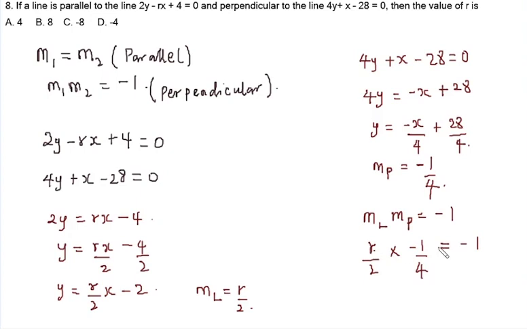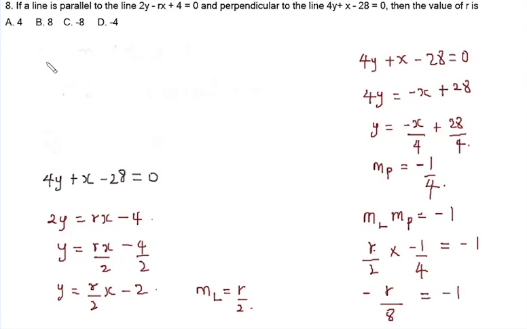If you multiply these two things together, you have minus r over 8 is equal to -1. Let's clean up space. Minus r is equal to, cross multiplying these two values here, -8. So you can divide both sides by -1. So r becomes 8. So the answer is B.